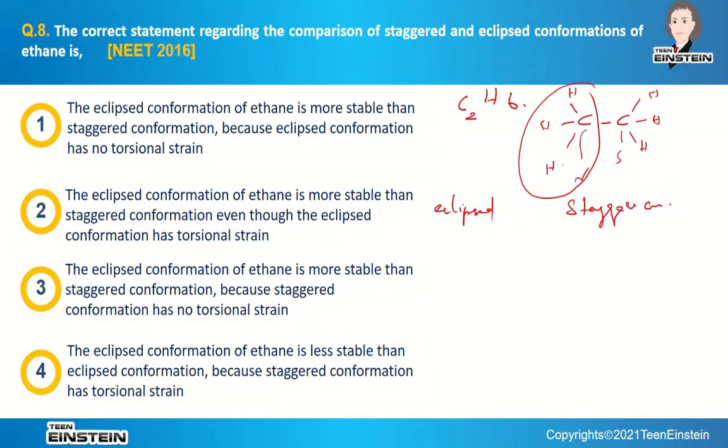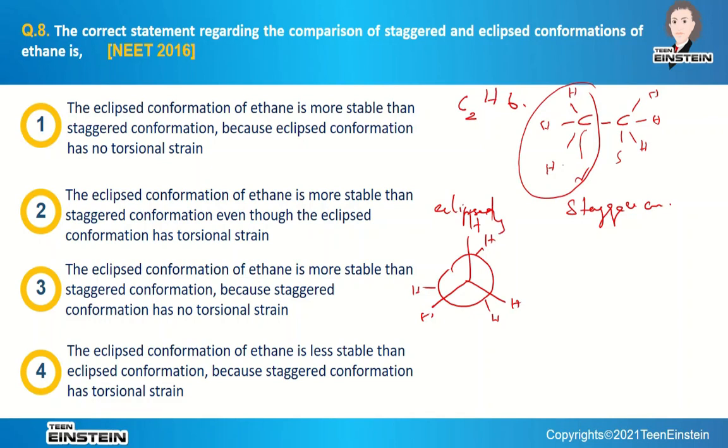In eclipsed conformation, the hydrogen atoms attached to the 2 carbon atoms are close together. So these 2 hydrogens are close together.